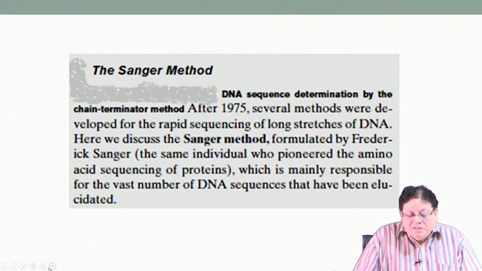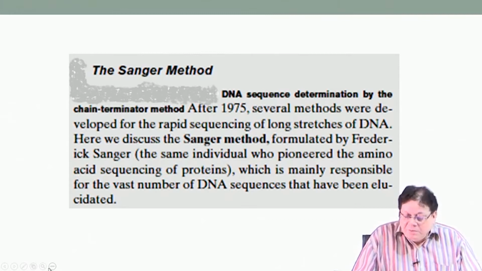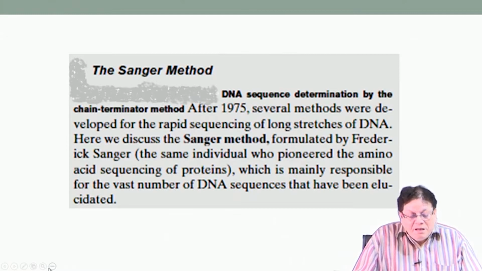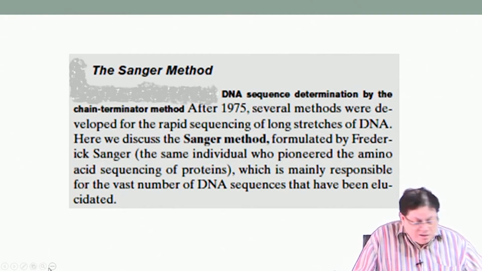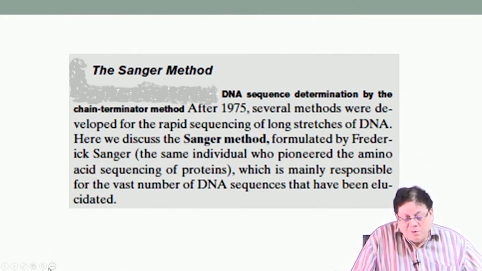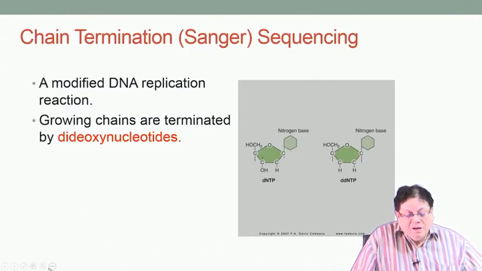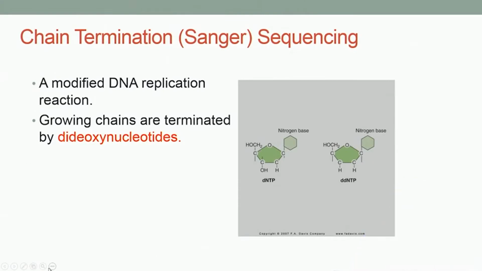Now, Sanger's method is an enzymatic method, but it is also known as the chain terminator method or the dideoxy method. These are the other names given to Sanger's method of determining the sequence of bases in a DNA.